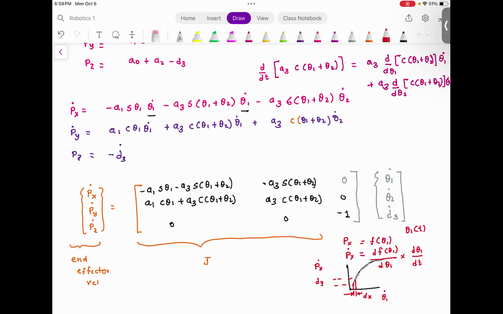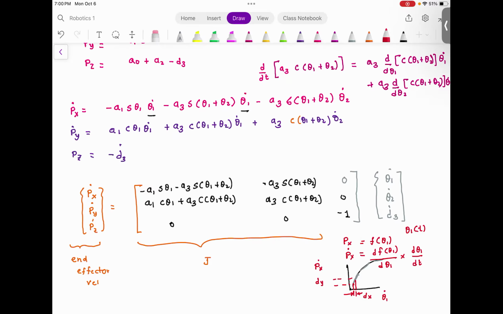Jacobian calculations are extremely important, because you'll realize many a times to find out the static forces, we use something called the transpose of Jacobian, and I will prove it to you in next class.